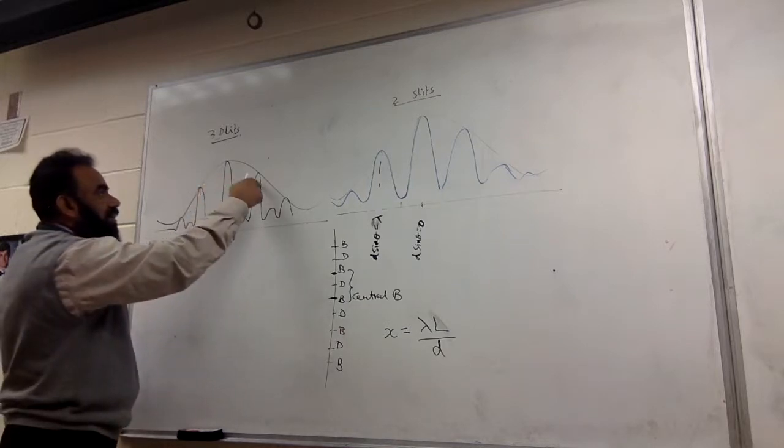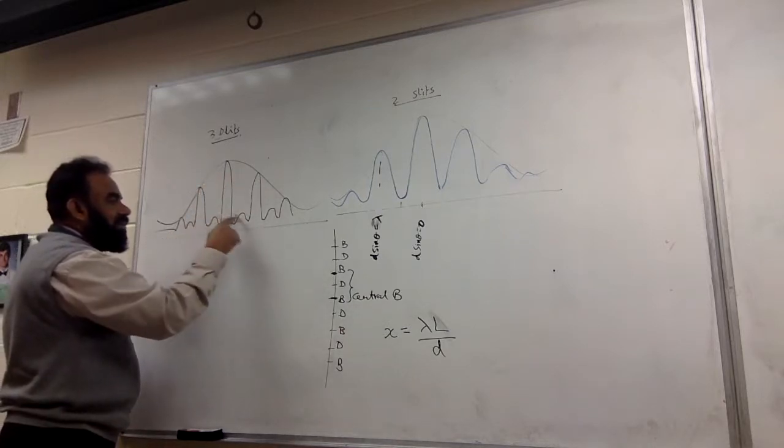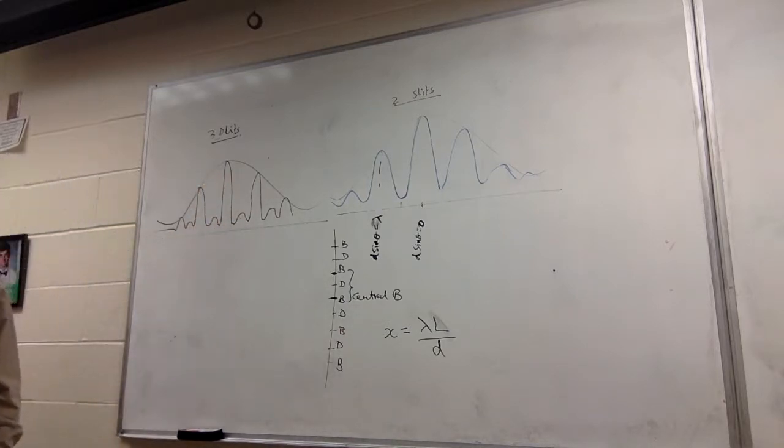These are the primary interference peaks, and these are called the secondary interference peaks. What are the first degree and second degree interference?